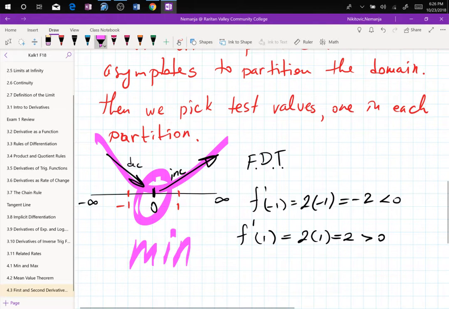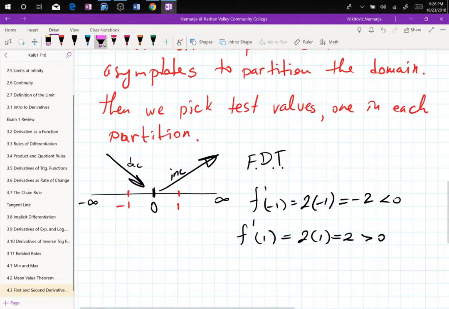In 4.1, you had to calculate surrounding points to check if the y value is bigger or smaller than the critical point and make the argument, right? It was annoying. Now, with this, you get it for free. Because if I have a decrease followed by increase, that's a minimum.